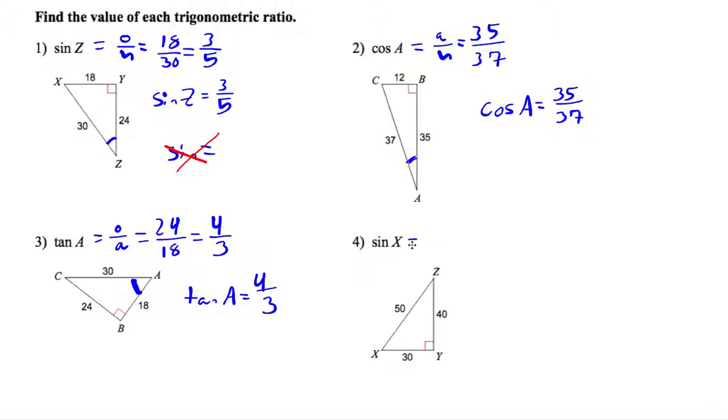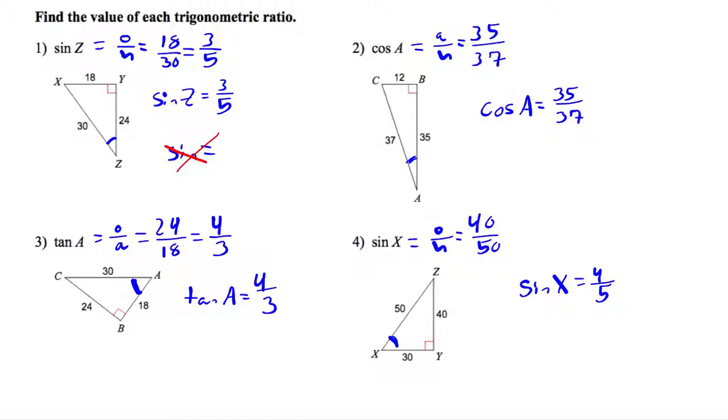And for the sine of x, there's our angle x. We're looking at, yet again, the opposite side over the hypotenuse. The opposite side here is 40. The hypotenuse is 50. So sine of x is equal to 4/5.